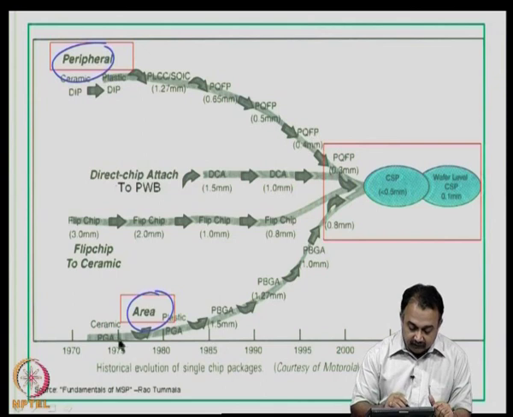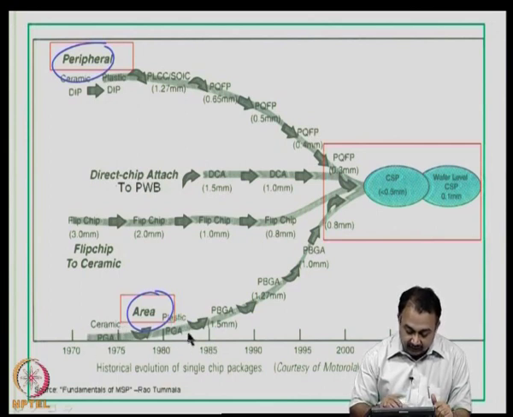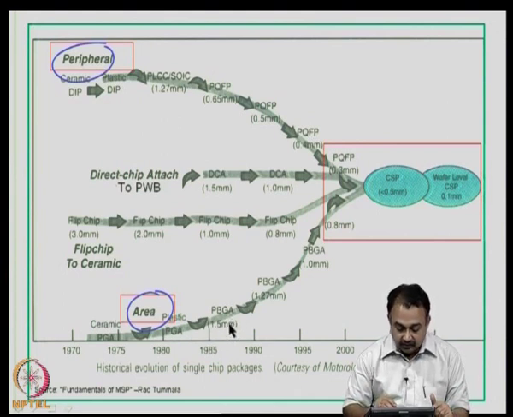Okay. Then we have area array packages on the other side. Pin grid array packages are typically used for Intel microprocessors and other companies which have utilized PGAs. Initially they were ceramic because the number of IOs were very large. Then it has gone into plastic PGAs. Then we have moved to ball grid arrays. PGAs are similar to BGA.